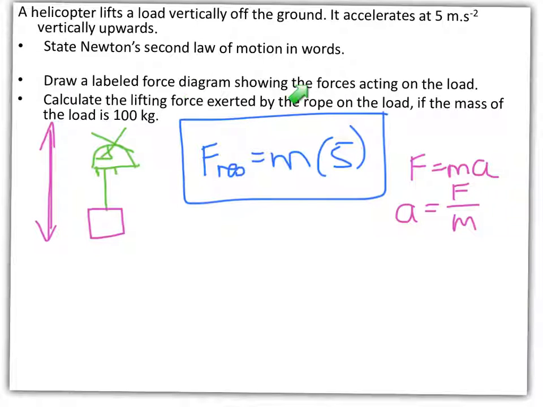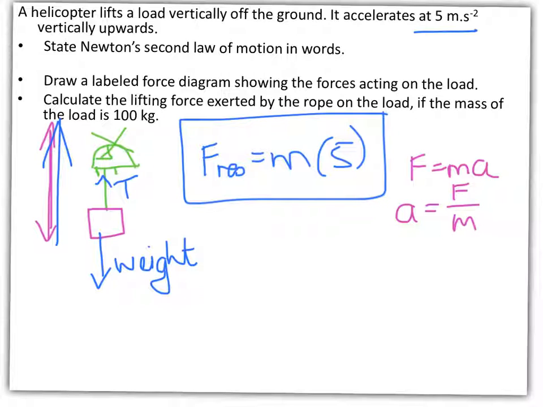Draw a labeled force diagram showing the forces acting on the load. So on this load, obviously this load has a weight. But it is moving upwards. They tell me it's being lifted off the ground with an acceleration of 5 meters per second squared, which means that there must be something pulling it up, and the thing that's pulling it up is the tension in the rope.